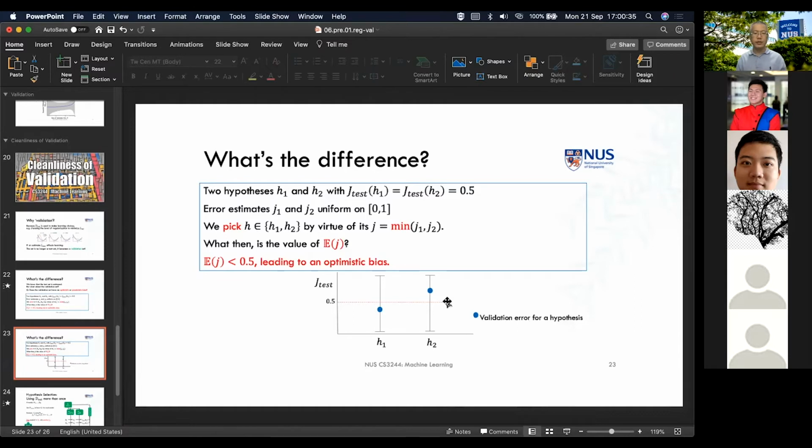So the problem here is that we're going to pick H1 or H2 based on the cost on our validation. Obviously, we want to pick the minimum.